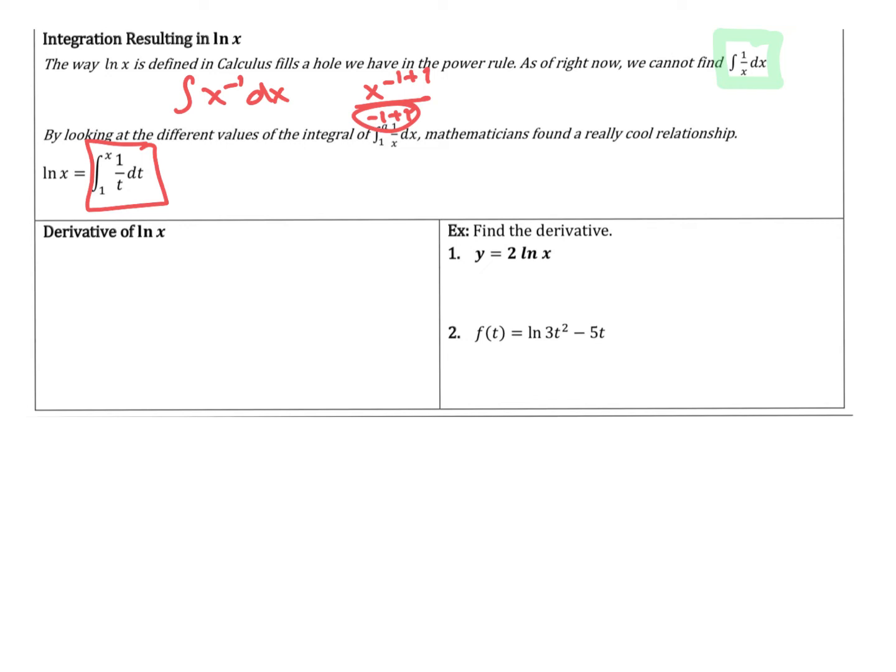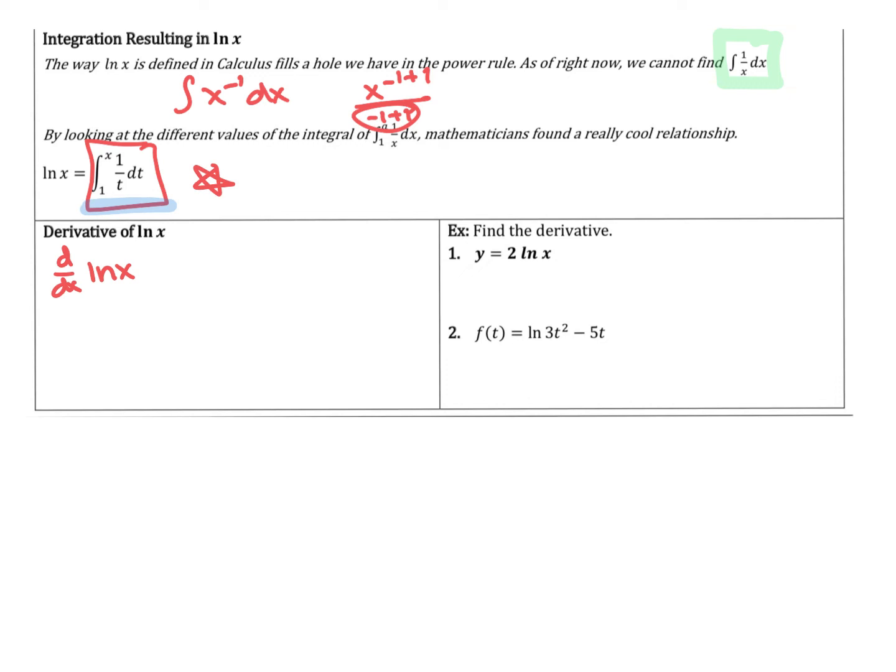But what we're going to do right now is use the fact that if the integral of 1 over t dt is the same thing as natural log, then the derivative of the integral would be the same thing as the derivative of natural log. So again, if you want a more eloquent, detailed proof, it actually uses the limit definition of natural log, then you can go check that out. But what we're going to do is just use the fact that this relationship was discovered.